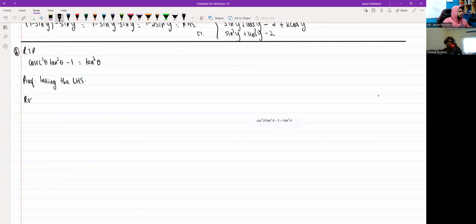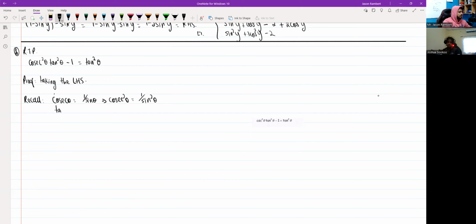You recall, now it's always good to recall the base identity first. Cosec theta is 1 over sine theta. From this stems cosec squared theta is 1 over sine squared theta.